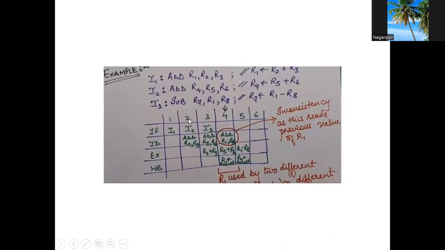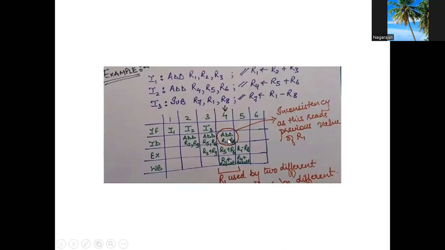Once we come to clock pulse 2, in the next stage, instruction decode, we can try to perform the add operation, because instruction 1 is add R2, R3 and save the result in R1. Then the next cycle we give the chance to I2, which is also an addition operation.